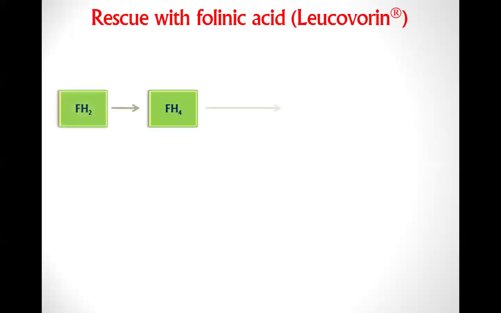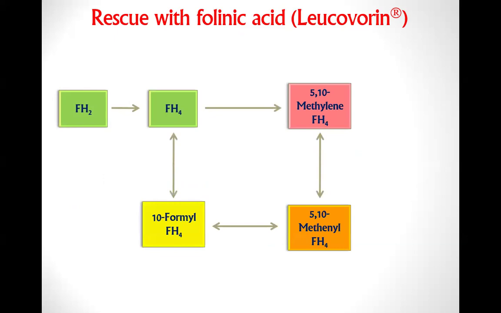Good. Can you explain this? Previously, 2 minutes earlier, I mentioned it is not the tetrahydrofolate alone. Various other metabolites of tetrahydrofolate participate as cofactors in purine and pyrimidine synthesis. Tetrahydrofolate leads to various metabolites, very difficult to pronounce: 5-10 methylene tetrahydrofolate, 5-10 methenyl tetrahydrofolate, 10-formyl tetrahydrofolate.